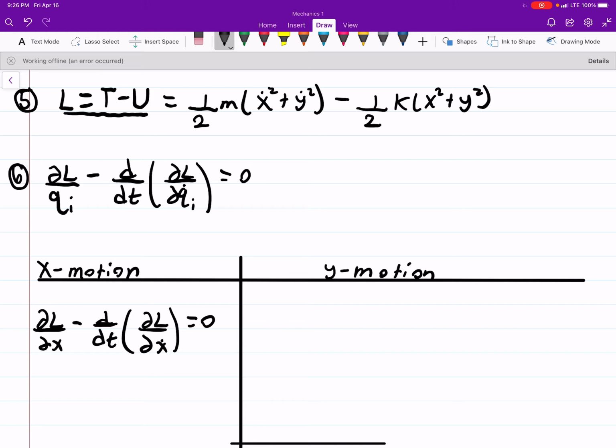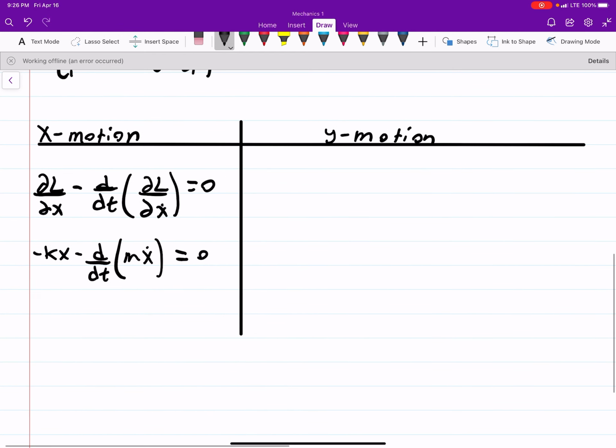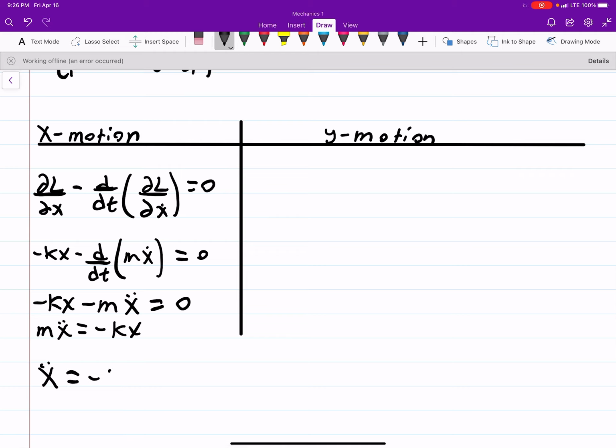So ∂L/∂x is just going to be minus kx, minus d/dt of m x dot equals 0. Taking the time derivative, we get minus kx minus m x double dot equals 0. So m x double dot equals negative kx, and solving for x double dot, we have minus k over m times x.